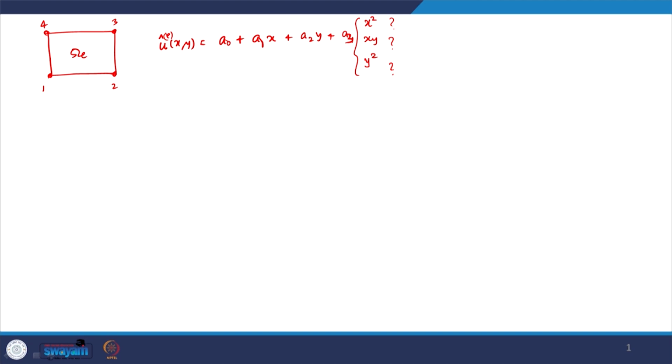We call this a spurious term because it comes from a second degree polynomial, and the second degree polynomial is not complete here. So, the convergence will be defined by the highest degree of complete polynomial, that is 1 in this case. So, the approximation over a 4 node rectangle is complete up to first degree.